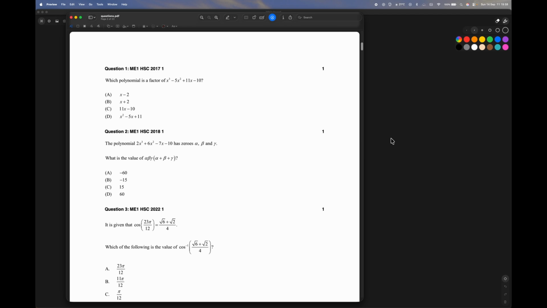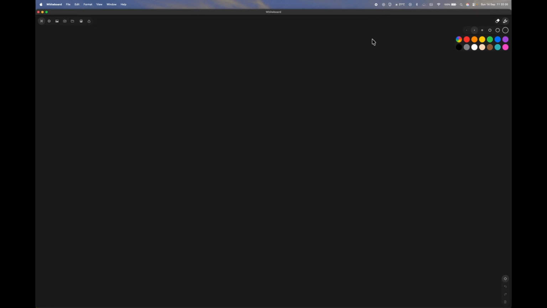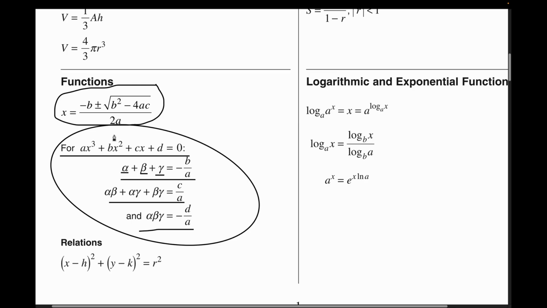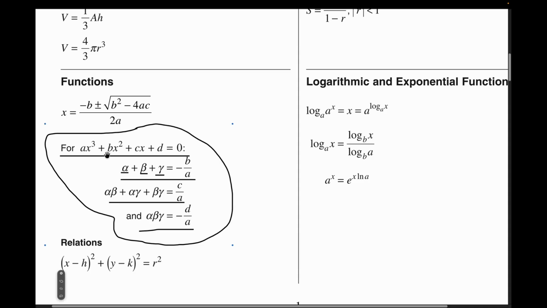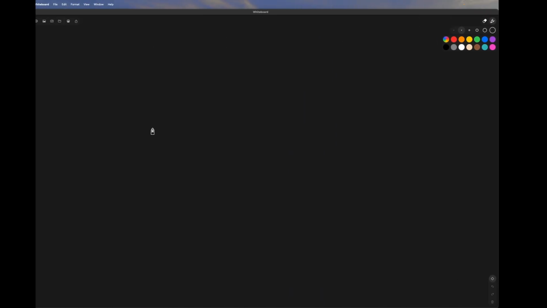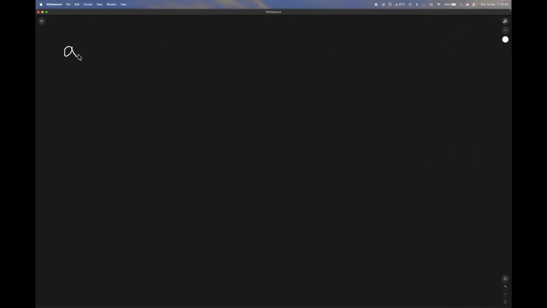Okay, so let's recall what we're going to be working with. For ax to the 3 plus bx squared plus cx plus d equals 0, let's write that.